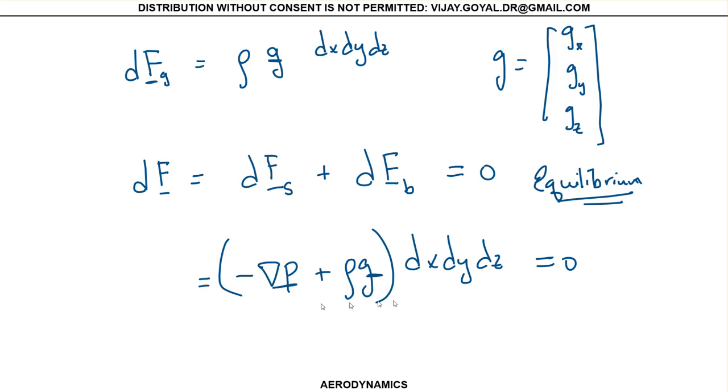So for this to be equal to 0, this cannot be 0. Otherwise, I would not have the small infinitesimal element. That would be a trivial solution, not have the fluid in the first place. Then I would take this equal to 0. So this is the hydrostatic equation that we have been, that's very, very useful in our problems.